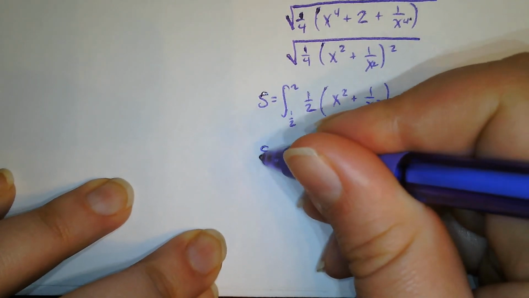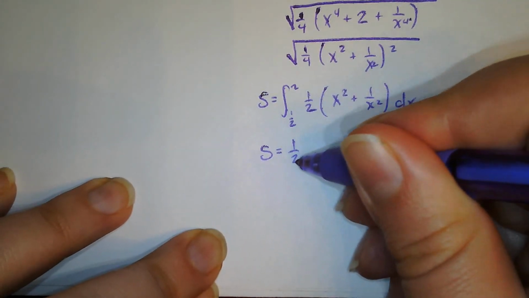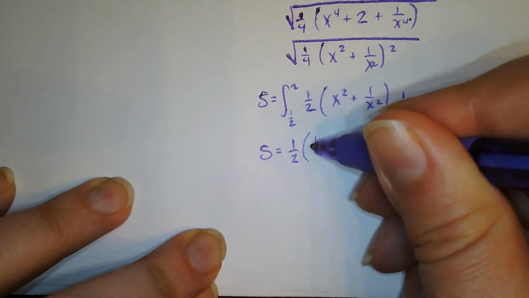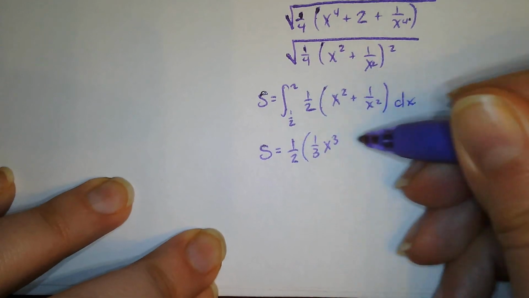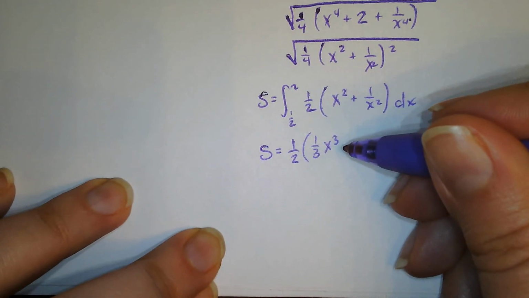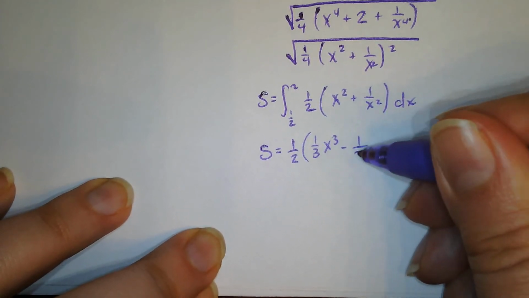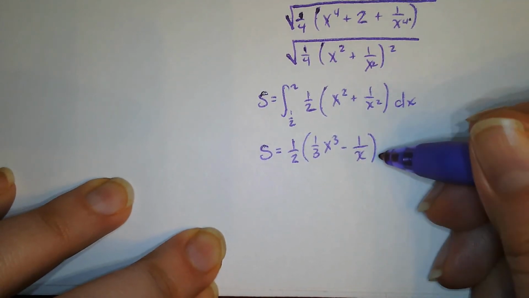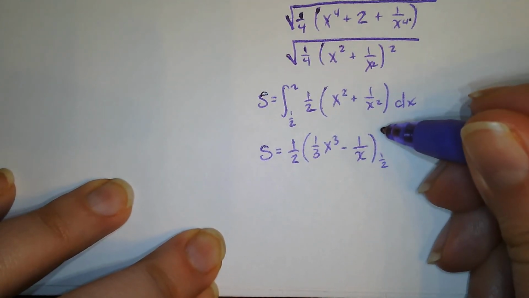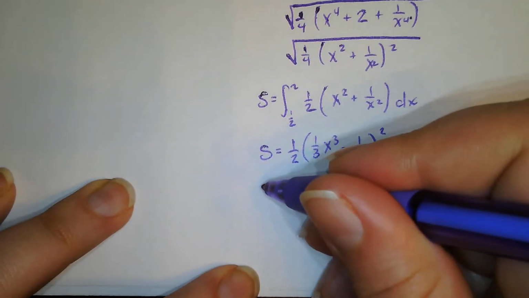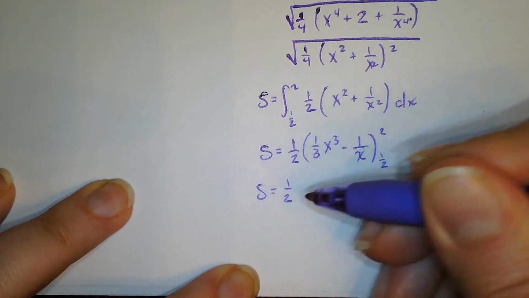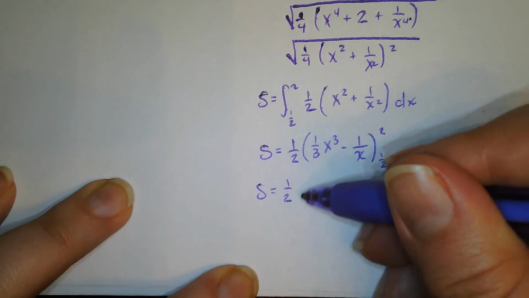So S equals 1/2. The integral of x squared is 1/3 x cubed minus 1 over x, and we're going from 1/2 to 2. Anyhow, let's actually figure that out. 1/2. Let's plug in 2.